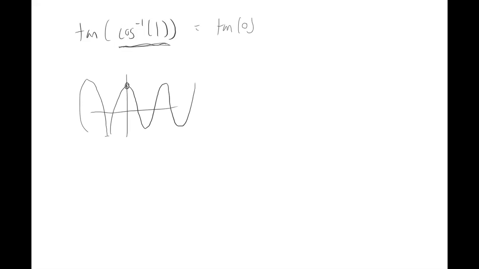I guess I didn't go over tan, but there are two ways to think of it. It's sine over cosine. And if you like the triangle, you could infer from here: this is opposite over hypotenuse, this is adjacent over hypotenuse, so if you divide, you get opposite over adjacent.